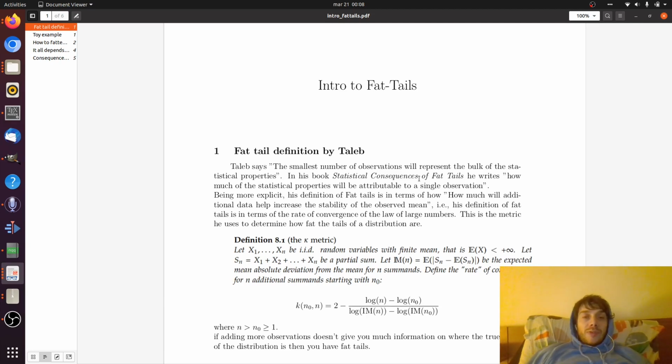As we have seen before, a heuristic for fat tails is that the ratio of the standard deviation, the square root of the variance, over the mean absolute deviation is high. So of course, if the standard deviation is high, this ratio is going to be higher. This should be an intuitive reason why one can define fat tails this way.